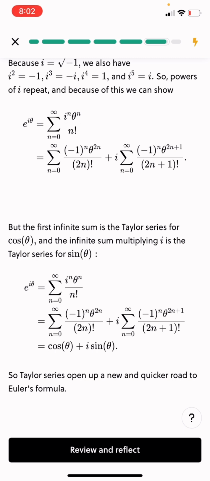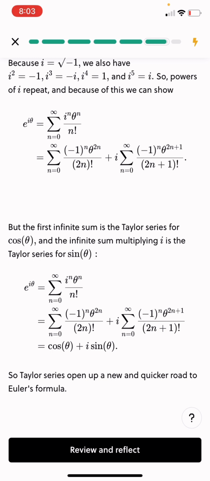But the first infinite sum is the Taylor series for cosine theta, and the infinite sum multiplying i is the Taylor series for sine theta, as we can see by this equation, which basically is just e to the i theta equals the infinite sum over n from 0 of i to the power n, theta to the power n over n factorial, which is basically the first.